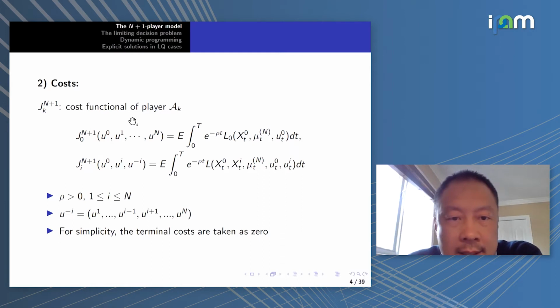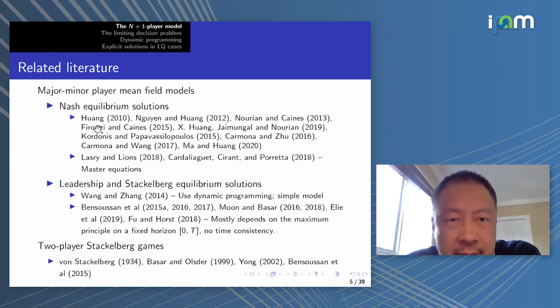Okay, there is already some history about this kind of modeling. Okay, mean field control was initially introduced in an early paper, with a major player and n minor players.